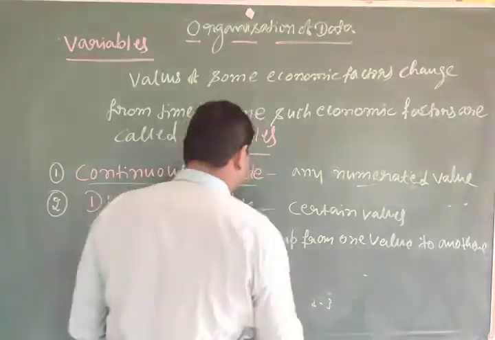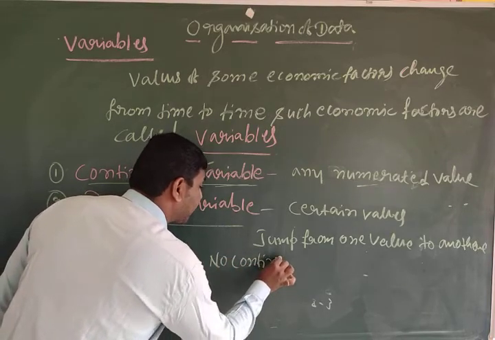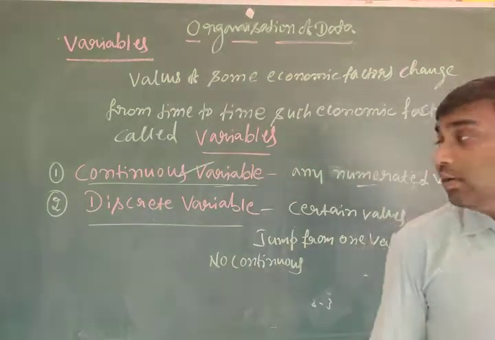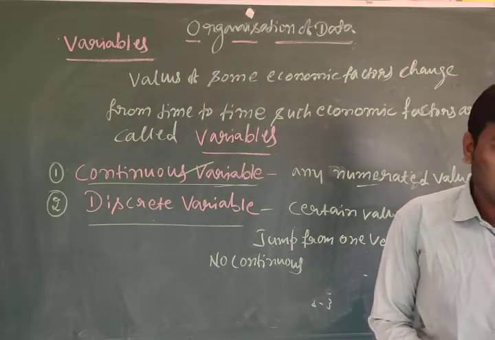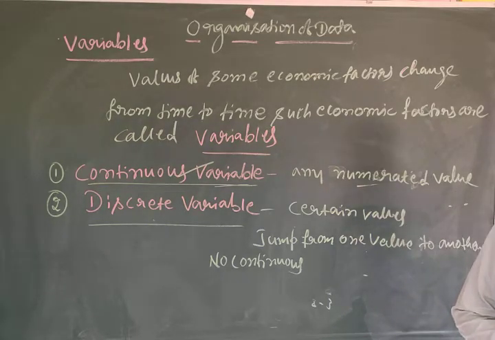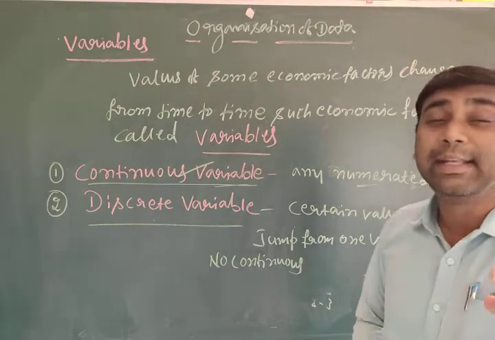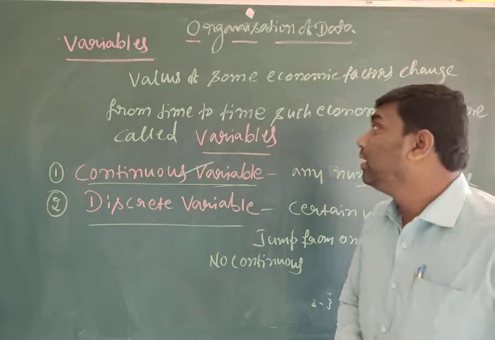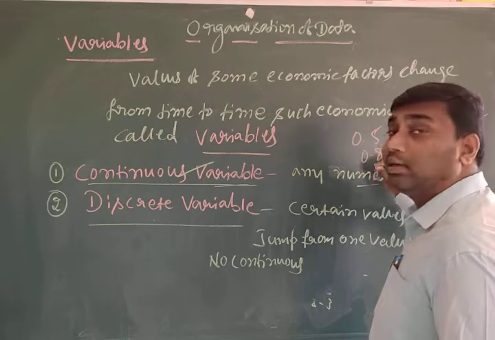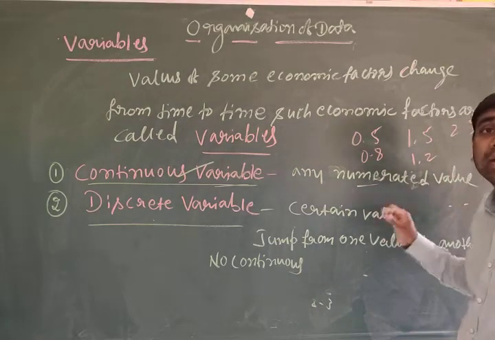Here there is continuity, but for a discrete variable there is no continuity. It jumps from one value to another and does not take any intermediate values. It will not take values like 0.5, 0.8, 1.5, 1.2, 2.3.